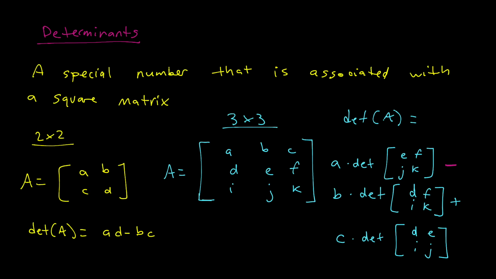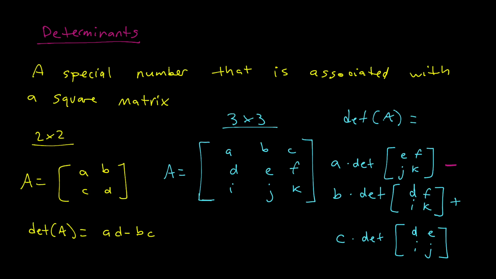Alright, now we will move on to determinants. A determinant is a special number that is associated with a square matrix. The definition of a 2x2 determinant is, for matrix A equals [a b; c d], the determinant of A is ad minus bc. For a 3x3 matrix, the definition is a times the determinant of [e f; j k] minus b times the determinant of [d f; i k] plus c times the determinant of [d e; i j].